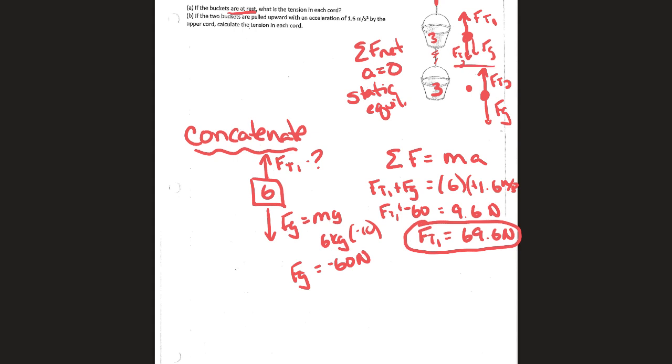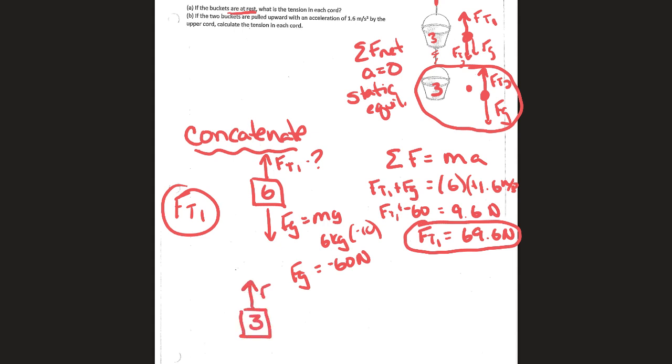If your target is to find FT2, we notice that the bottom bucket has a much simpler free body diagram: FT2 and FG. This FG is -30 newtons because 3 times -10, and we don't know FT2.